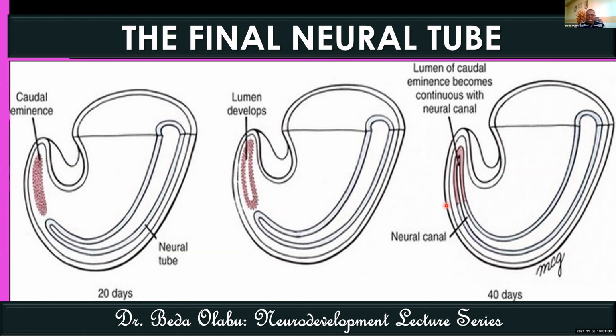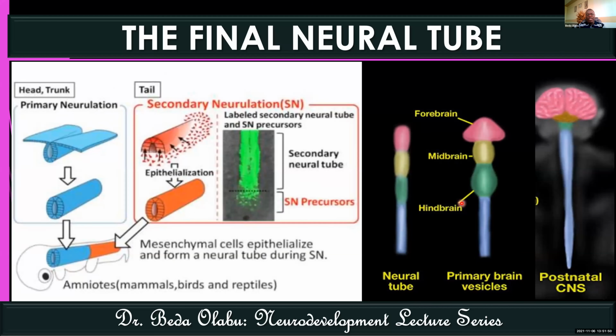So that usually by the end of the 7th or 8th week, the secondary neural tube and the primary neural tube have now fused. The process of fusion of the primary and the secondary neural tube is sometimes given a name.